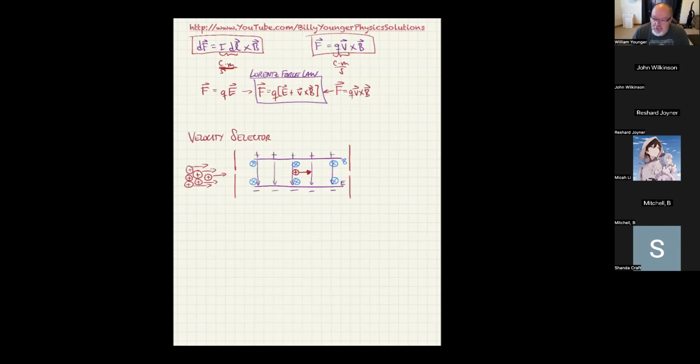So remember, it's QV cross B. B goes into the board. The index finger is Q times V. The middle finger is B as in boy for magnetic field. And then the right thumb is the direction of the force. So which direction is the force acting on the positive charge right there? Just due to the magnetic field. Forget about the electric field right now.